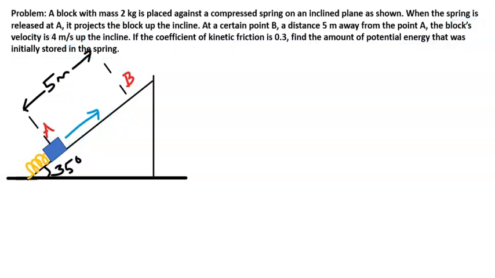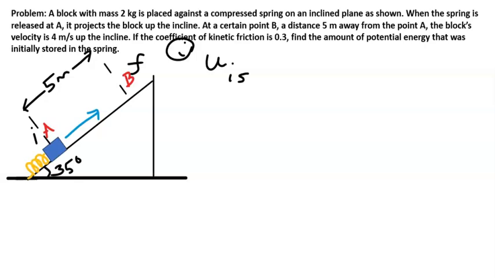So I'm going to denote my point A as the initial point and point B as my final point. And let's apply the conservation of energy here. Now at the initial point, what are the energies that contribute? The first is, of course, the initial energy contained in that spring, the potential energy.